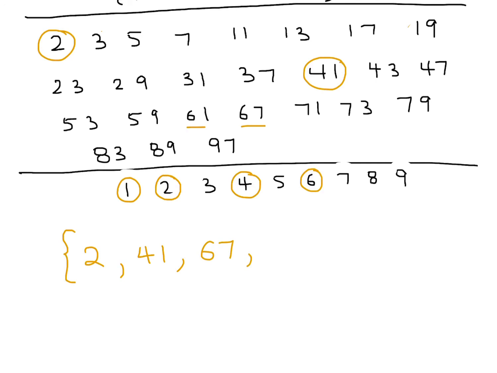And then I'm going to go with the next even number, which is 8. And 8, I've got 83 and 89. Ooh, I've got 2 choices here. If I choose 83, then the 9 will be by itself. But if I choose 89, then the 3 can be opened up as an individual prime. See what I mean?